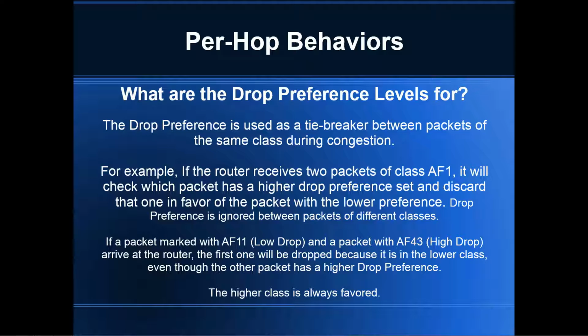So if we have two packets of the same class during congestion, what method do we use to actually drop one packet versus sending it? And that's our drop behavior. Another important topic here is that you have to remember the higher class is always favored. Thus, the higher the class, the more priority it's going to be given.